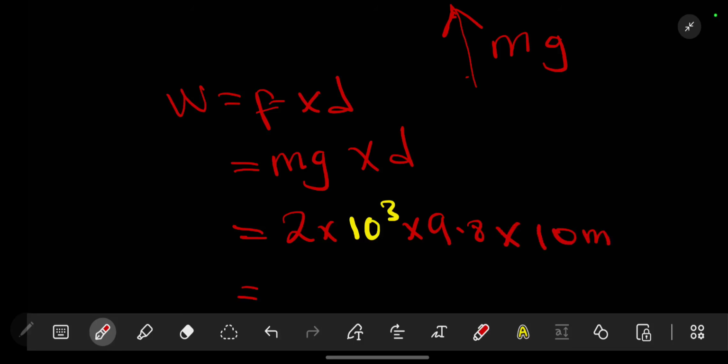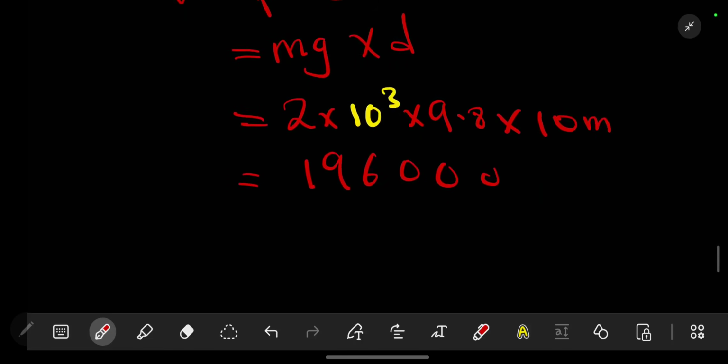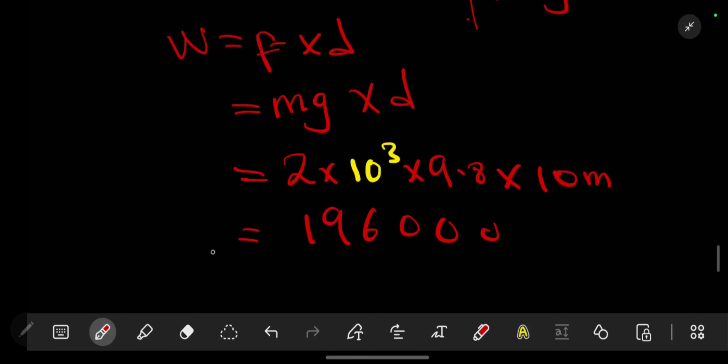Make sure that your distance is in meters. So we have 2 times 10 to the power 3. If you want, you can just say 2000. Then we have times our 9.8 times our 10. So this gives us 196,000. So this is what we have.